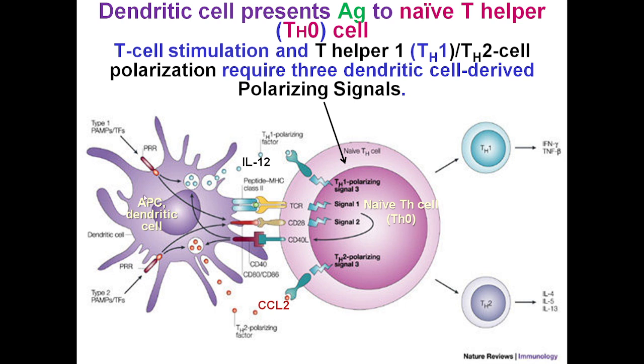In the other situation, if the dendritic cell mostly secretes CCL2 chemokine, this chemokine will react to the corresponding receptor of the T helper cell, and this interaction will stimulate polarization of the naive T helper cell to T helper type 2.